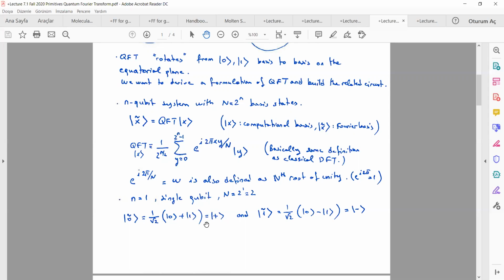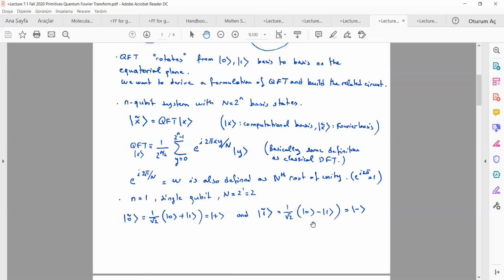So as we had shown on the Bloch sphere at the beginning of this lecture, using this quantum Fourier transform expression, the ket 0 state is transferred to the ket plus state.